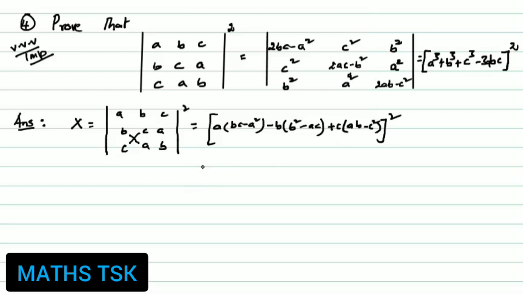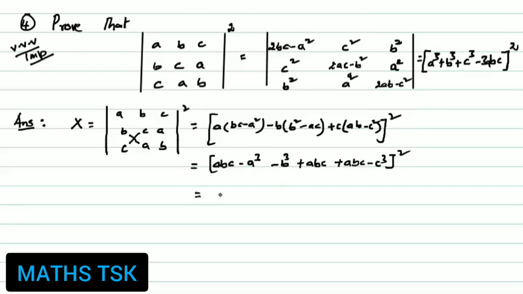Right. Next, multiply. This becomes abc minus a cube minus b cube minus abc. No, it's plus abc. There is abc minus c cube, whole square.